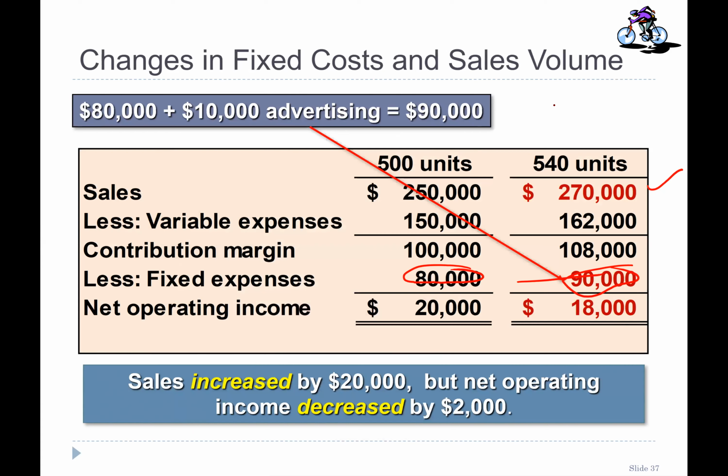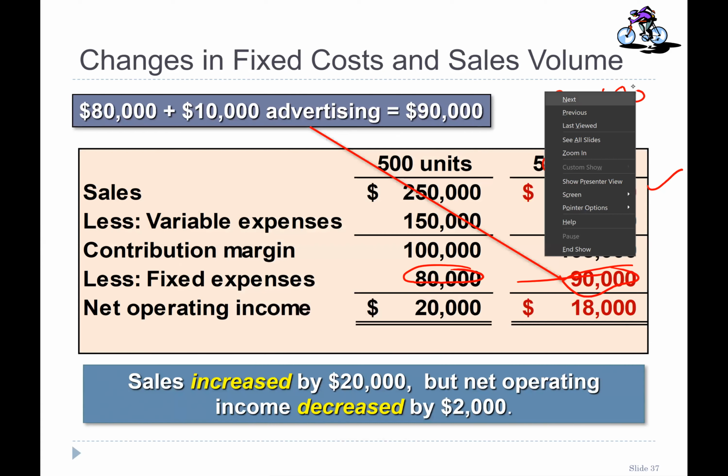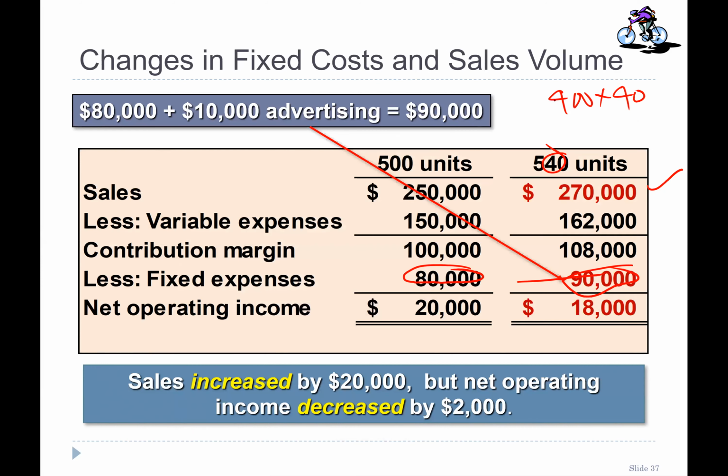Here we go. 40 units are sold above. So 40 multiplied by 400. Oh, sorry, 200. The answer would be 8,000 increase in our contribution margin.